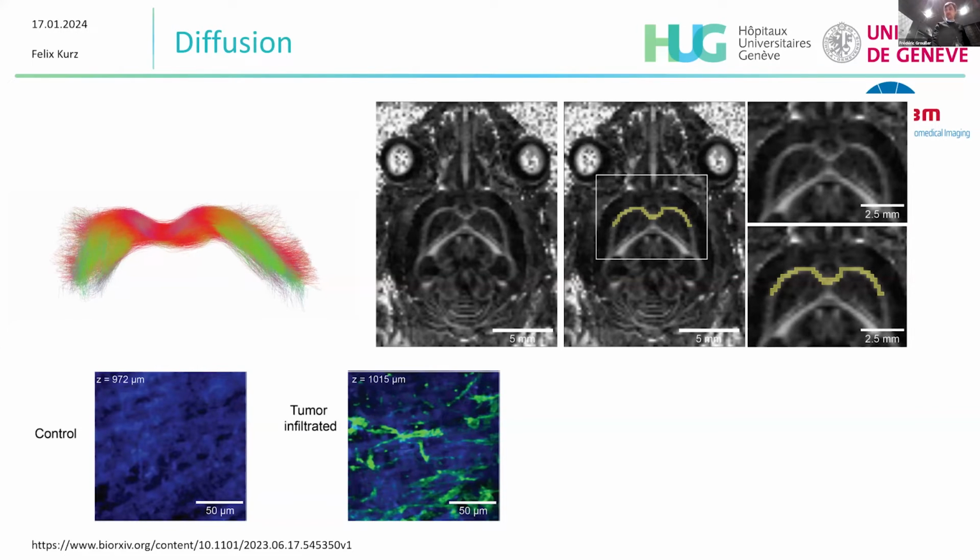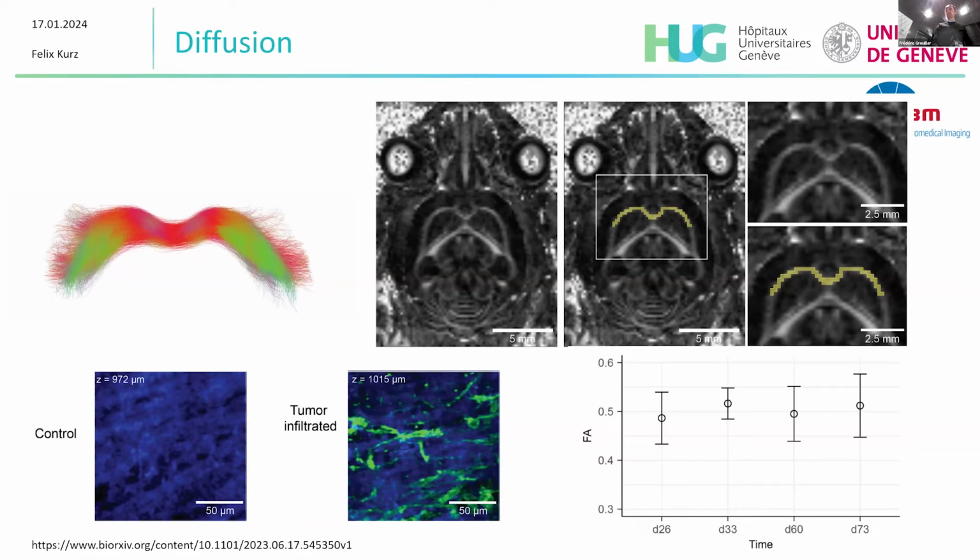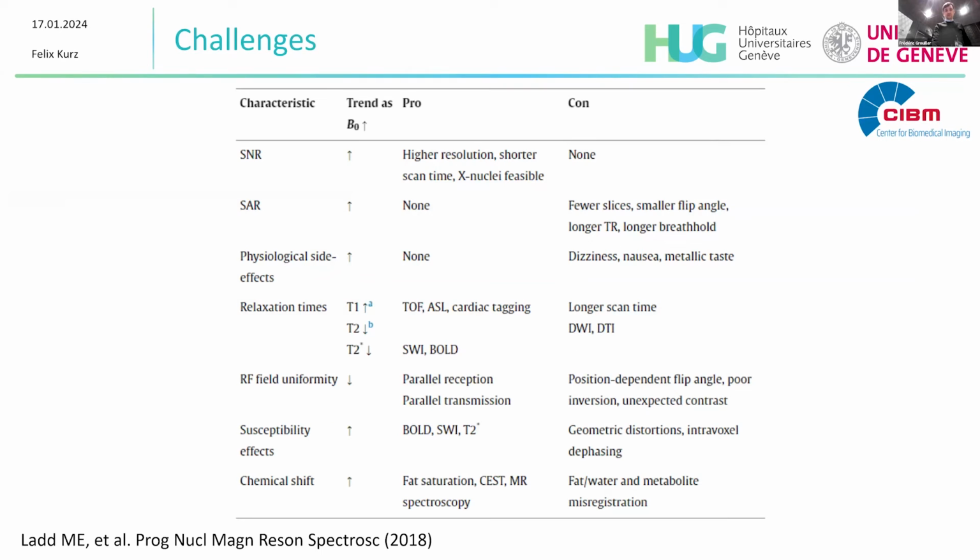But in this case, we didn't find any meaningful signatures, which is a bit sad, considering that we have a very high resolution of, I think, 200 micrometers in this case, and we have no effect in diffusion, which is what we expected. But unfortunately, this doesn't give us more information about this.